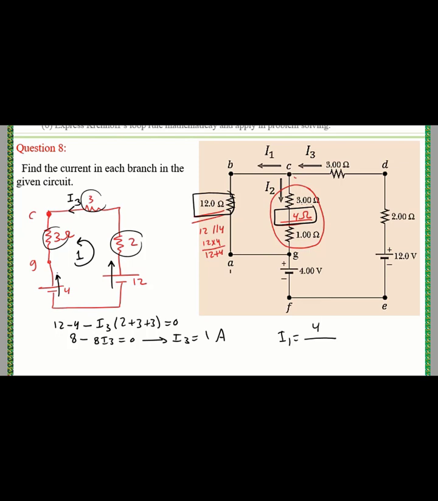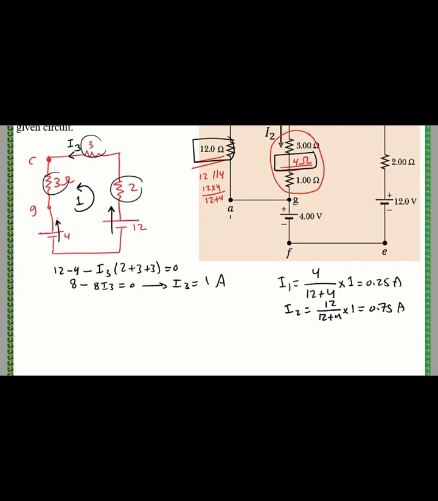So it is 4 over 12 plus 4 times the main current, which is 1. So it is 0.25 ampere. And for I2, it is 12 over 12 plus 4 times 1. It is 0.75 amperes. Try to solve it in detail, and these are the answers.